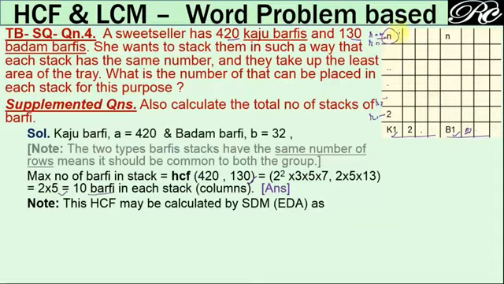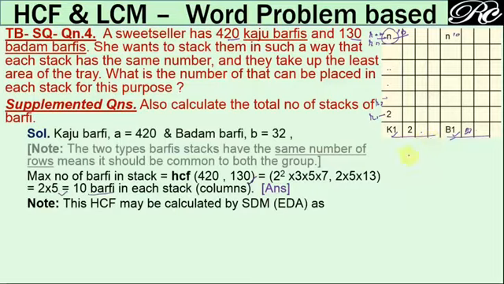So here this n is nothing but 10. Now the number of rows in which the Kaju Barfi is stacked is 10. The number of rows in which Badam Barfi is stacked is also 10. And the total number of Kaju Barfi here is 420.